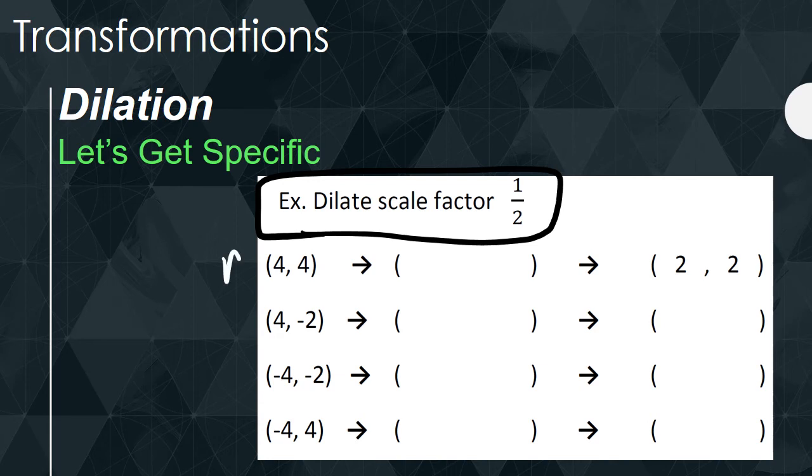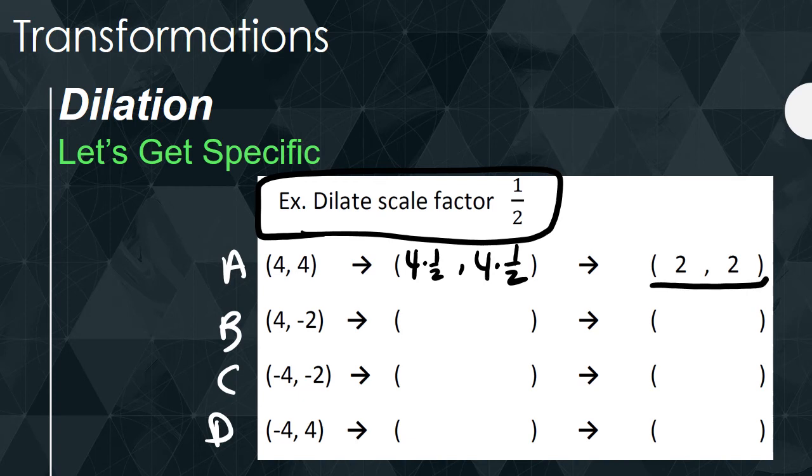For our points A, B, C, and D, the math work here is we're doing 4 times 1/2 and 4 times 1/2. We cut them in half to get our new coordinates for A prime of 2 and 2. So let's do point B. We're going to do 4 times 1/2 and then -2 times 1/2.